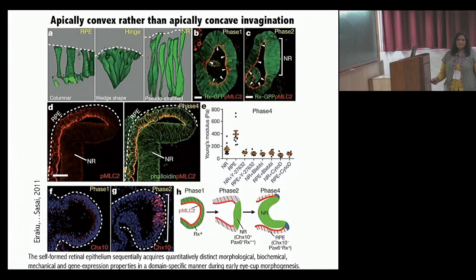If this cup were constricting apically, and that apical constriction were responsible for the invagination, you would have expected this to be apical and this to be the region where you accumulate active myosin. But in fact, there's no active myosin here at all. All of the myosin that you see is in the pigment epithelium layers. Therefore, the apical end is here, the basal end is here. So this is apically convex rather than apically concave, as we saw in the ventral furrow invagination.